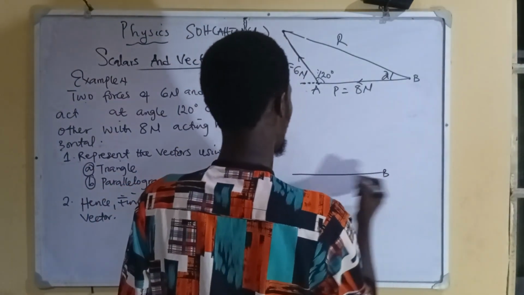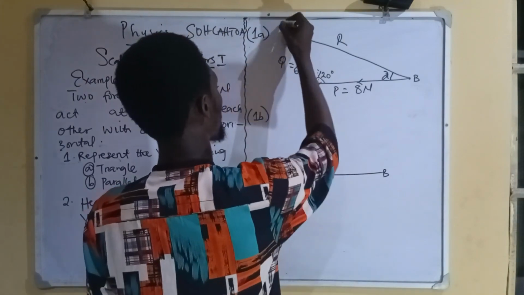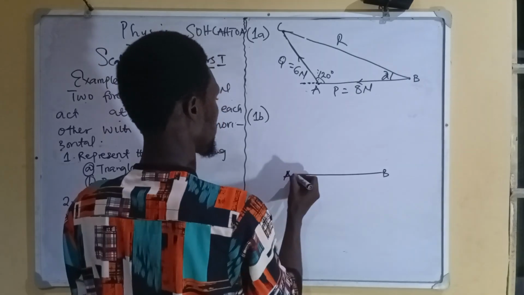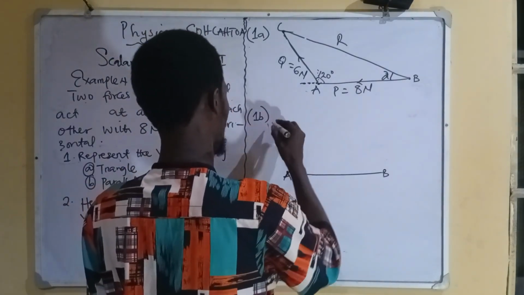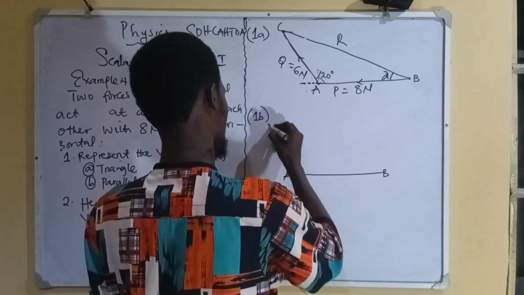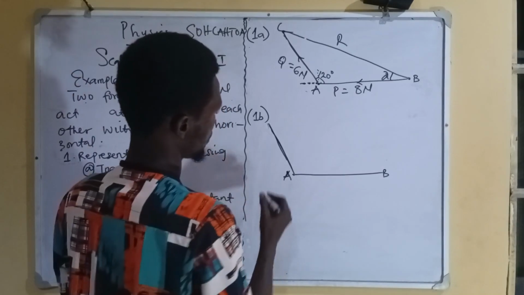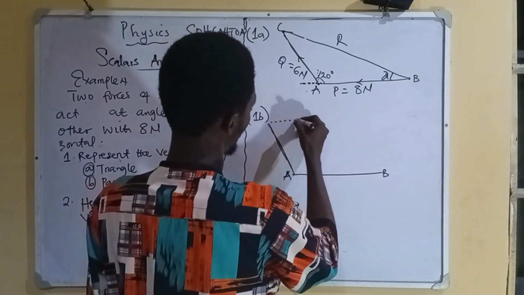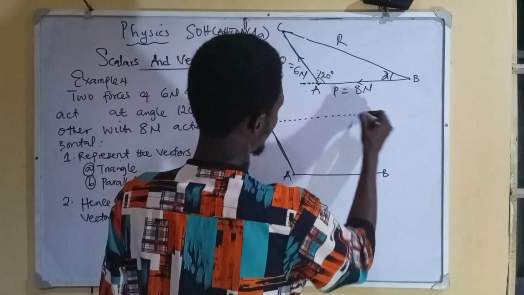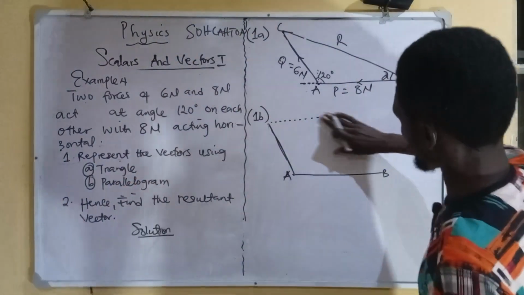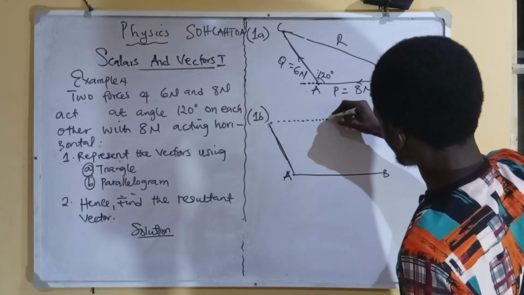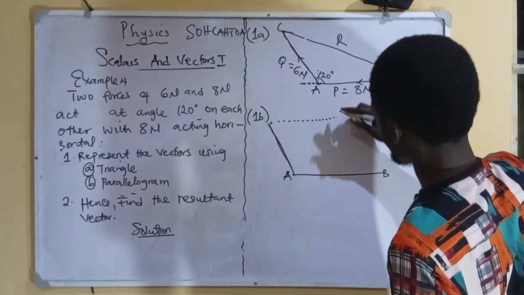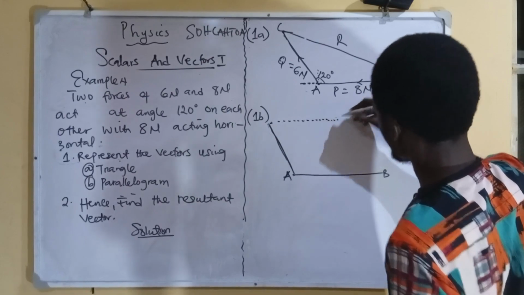If this is your B and this is your A, and then you're going to have this. You know how a parallelogram is, right? So you will have it this way.